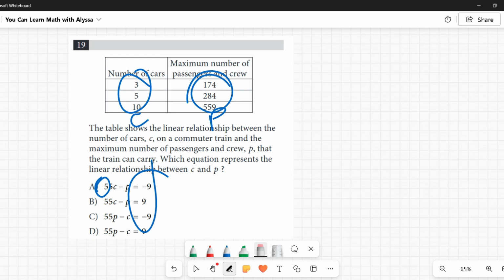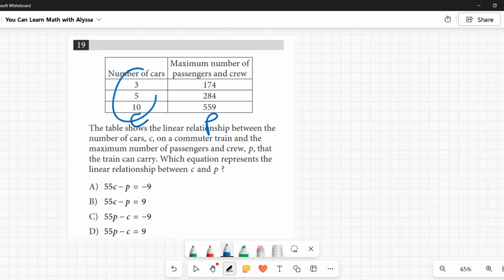Not a chance, right? That's so far apart. If I'm multiplying these by 55, I'm going to be getting numbers in the thousands. And then I'm going to subtract 3, 5, or 10 and get back to 9? No, that's clearly unreasonable. So instead, this must be the number that's being multiplied by 55.